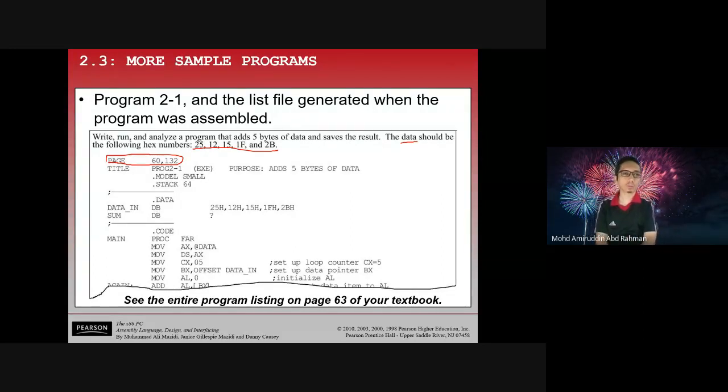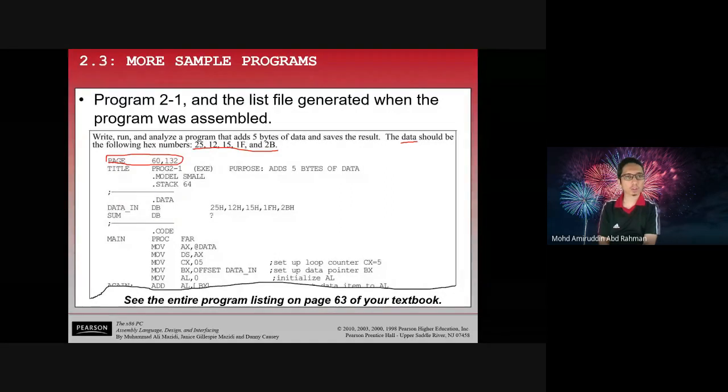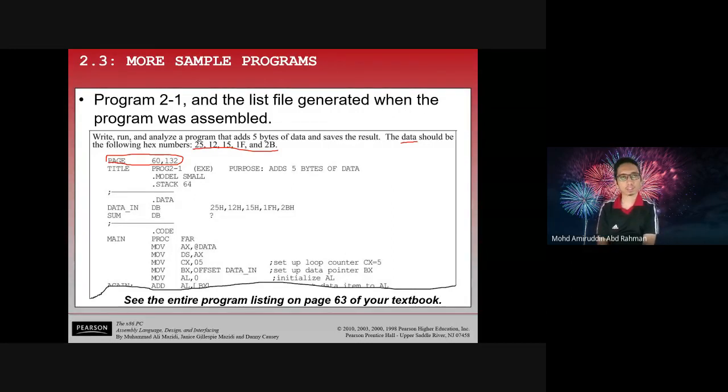For example, we just put the title. Title, we have prop 2-1, in the brackets .exe. The purpose is we want to add 5 bytes of data. So we determine our memory model, small, and stack, and we still use 64.